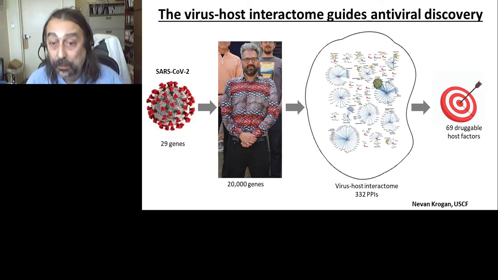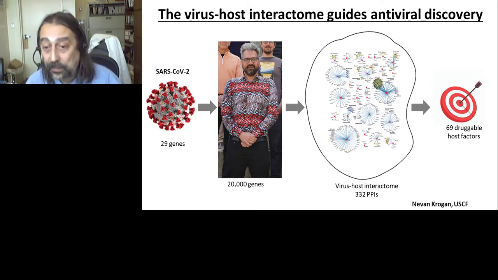They are being co-opted by the viral protein. So in total, he identified 332 protein-protein interactions. Now, an interesting thing is that if you look at these host proteins, there are some factors that are druggable, and there are known drugs that target these factors that have been used at one moment in the clinic, or are actually being used for some specific indications in humans.